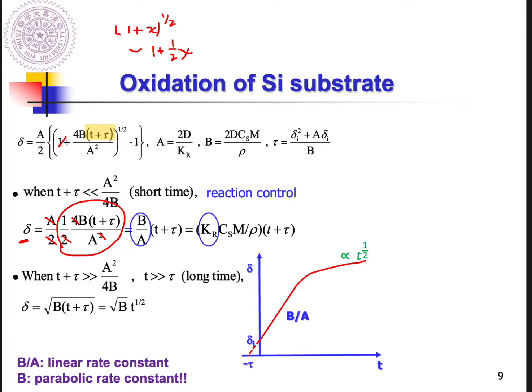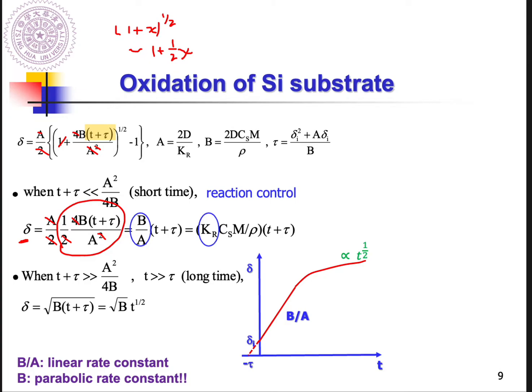So you got the 2, and B, you still have it, and you drop this term out, right? And this will be square root of B, t plus tau, and square root of B, t, because t plus tau is very large, and we also assume t is larger than tau, right? So you will get this one.